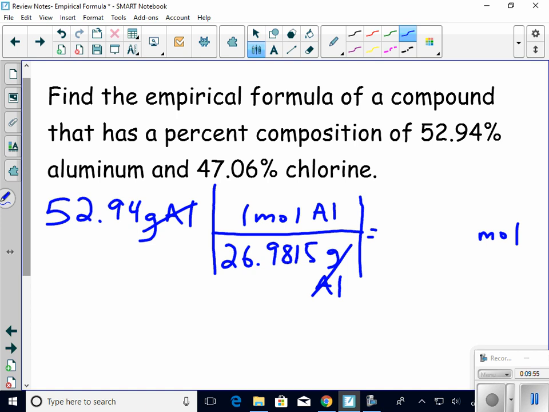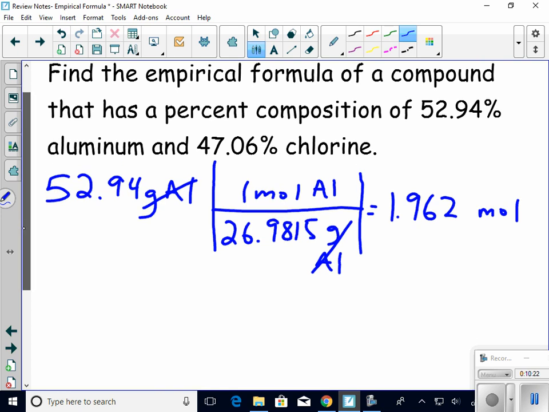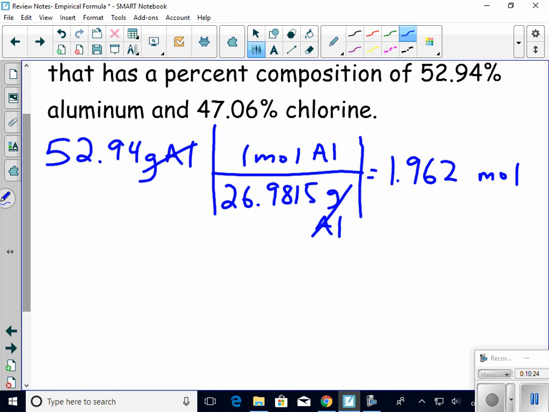So I take 52.94 and I divide it by 26.9815, and I get my value to be 1.962. Once again, I have a big, long number in my calculator. I'm just cutting it off right there, but I'm leaving that big number in my calculator. So I have my number of moles of aluminum.